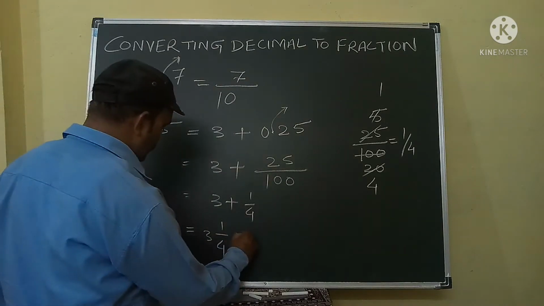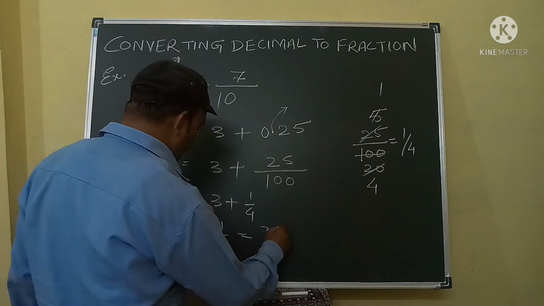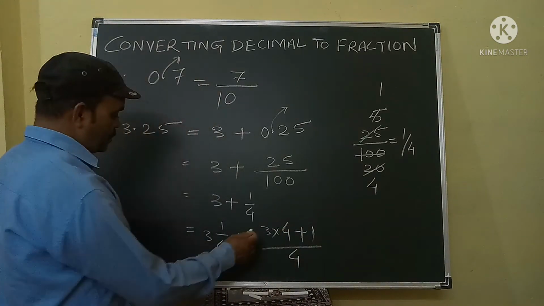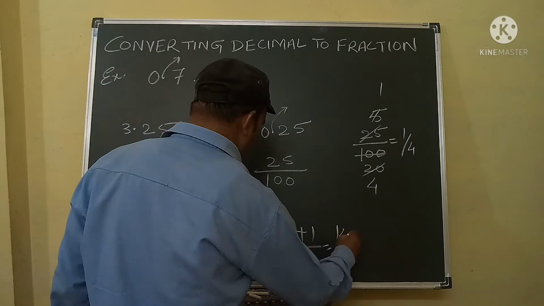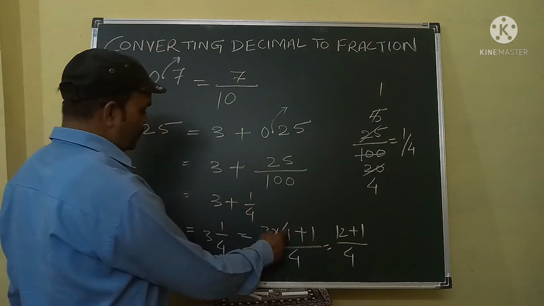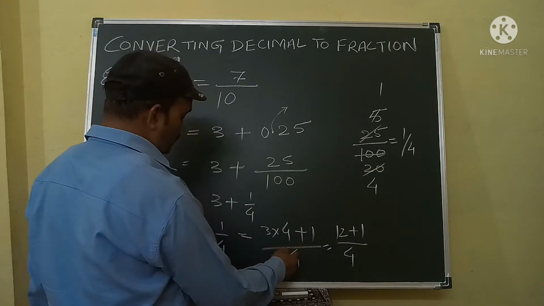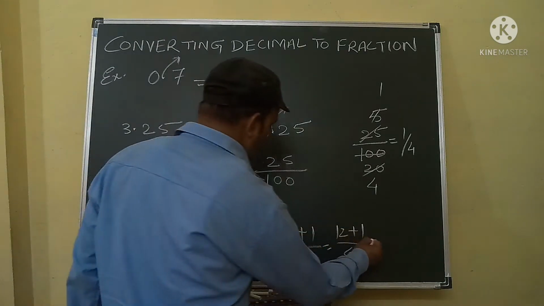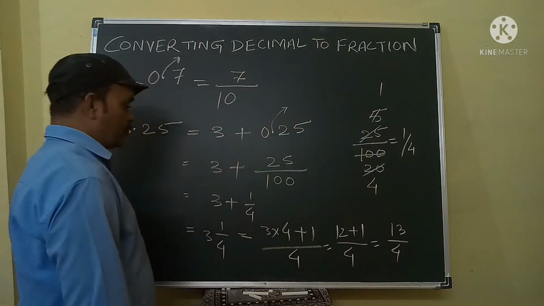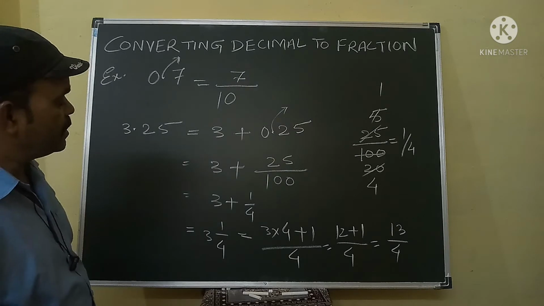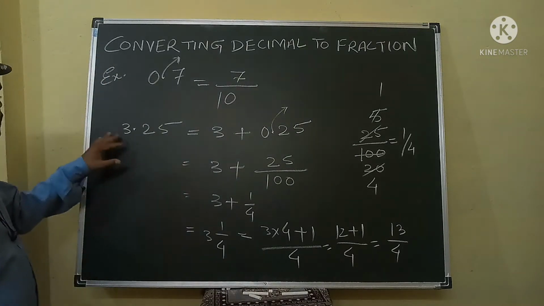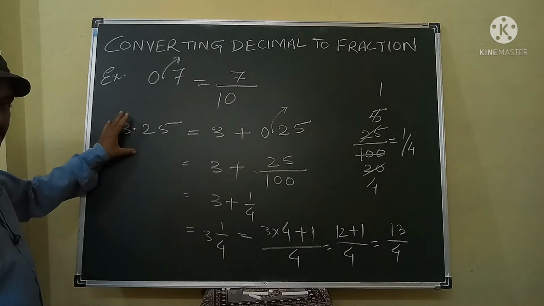How? 3 multiplied by 4 plus 1 upon 4. 3 times 4 is 12, plus 1 is 13. 13 upon 4 is the fractional form of the given decimal number.